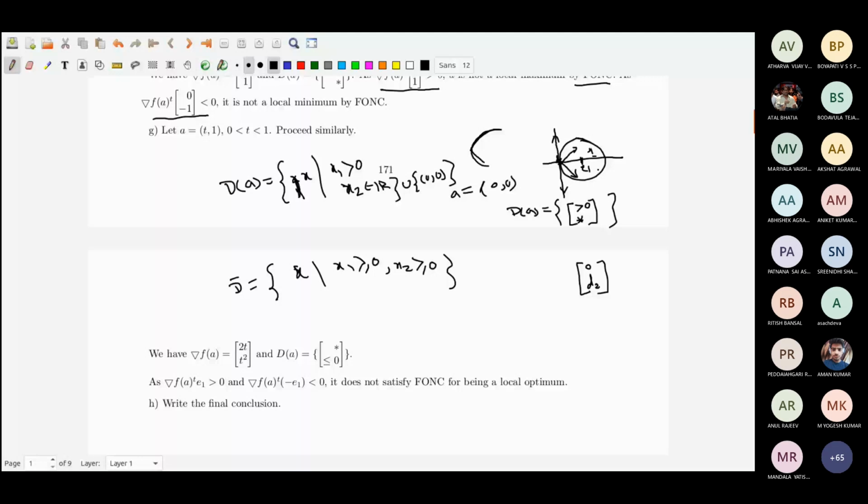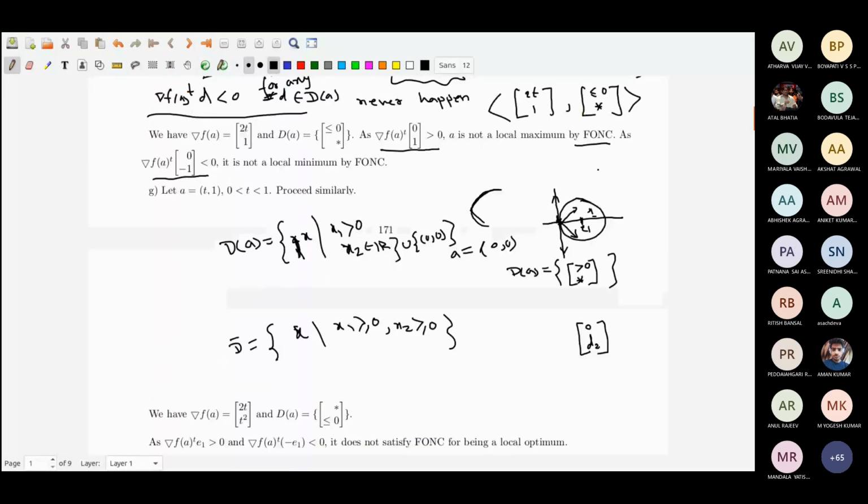But if I am showing you some directions in D closure itself, what I said was not correct.